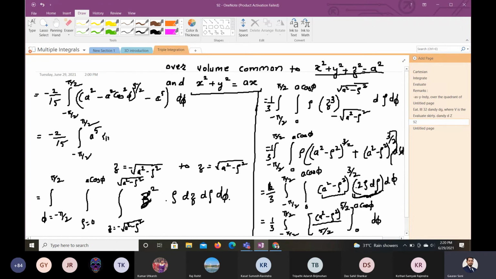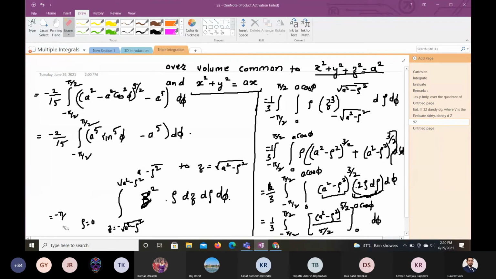So sine raised to 5 phi, minus a raised to 5, d phi. Right? Now, how to solve this? What is sine theta?